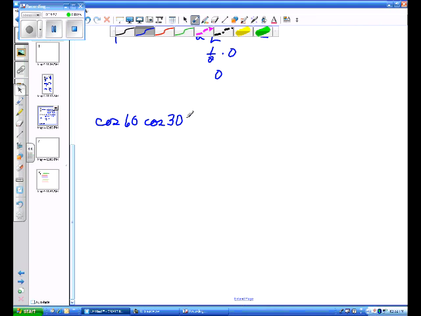So this would equal 1/2 times the cosine of A plus B, so 60 plus 30, plus the cosine of A minus B, 60 minus 30.